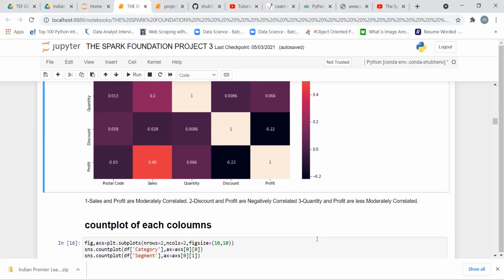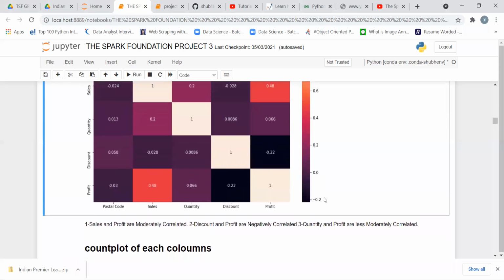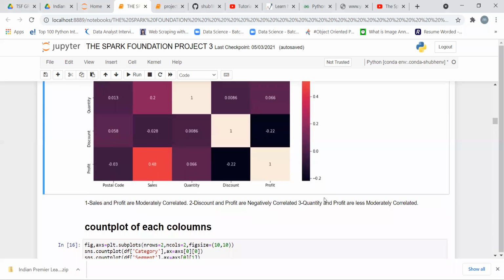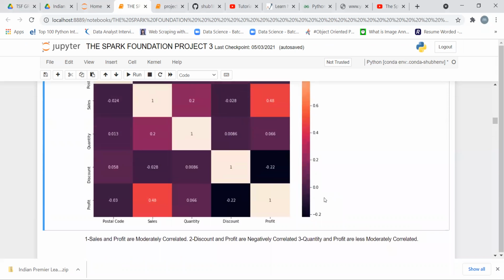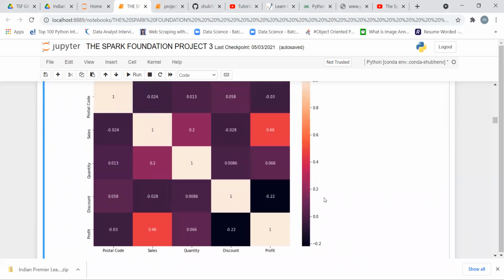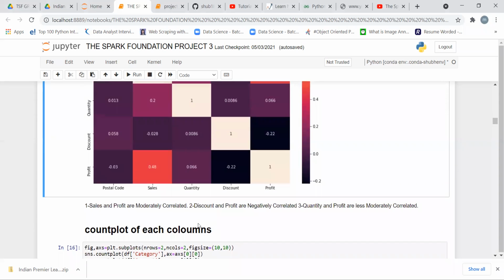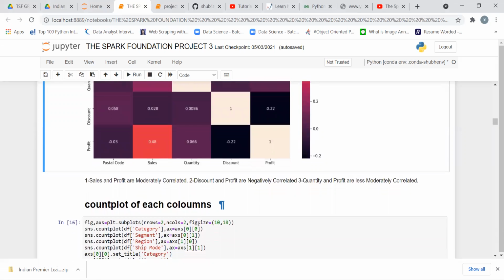Quantity and profit are less moderately correlated. Quantity and profit is around 0.066, so it is less moderately correlated.